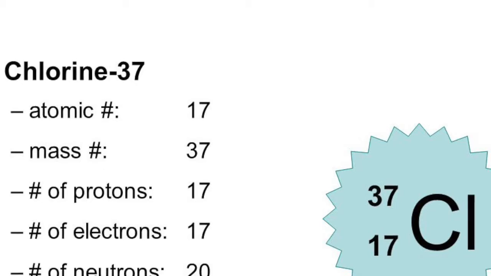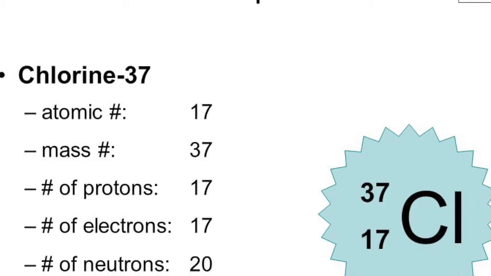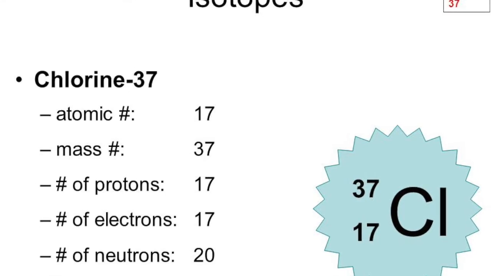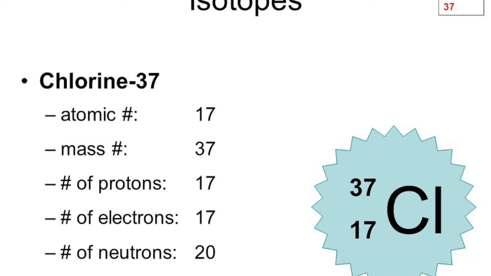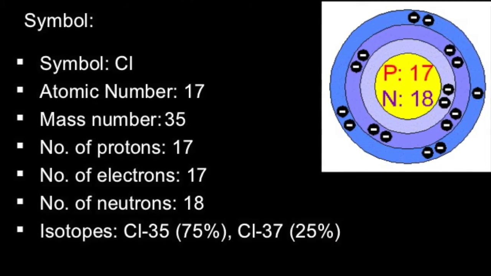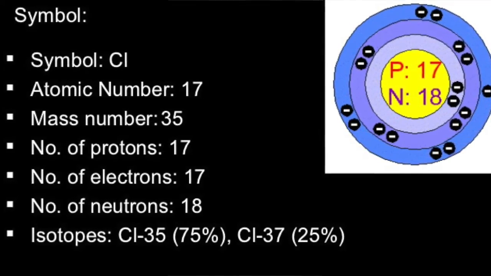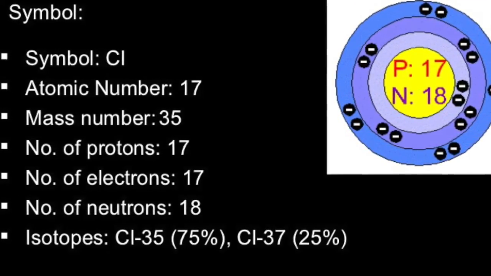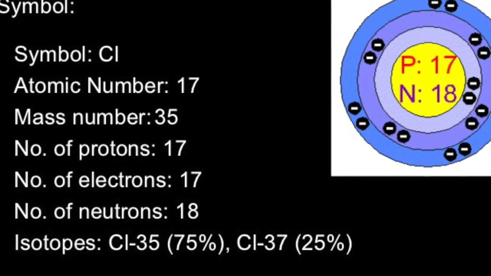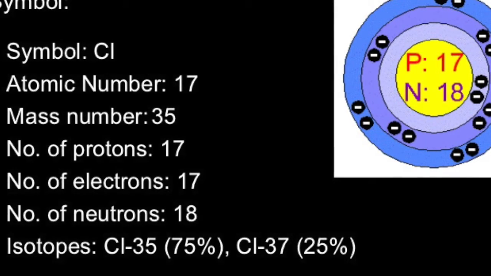For example, chlorine has two common isotopes. Each has 17 protons, but some atoms contain 18 neutrons, and others contain 20 neutrons. Thus, one isotope of chlorine is called chlorine-35, having an atomic number of 17 and a mass number of 35, 17 protons plus 18 neutrons.